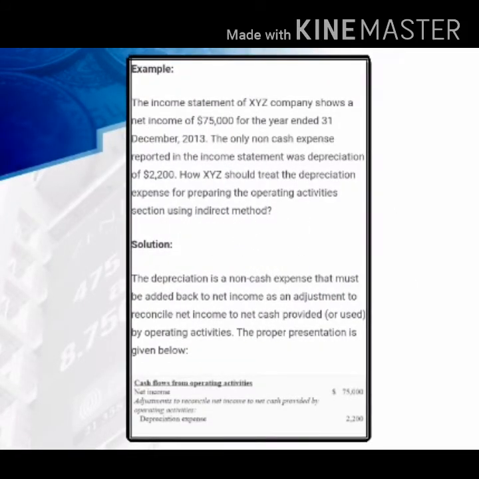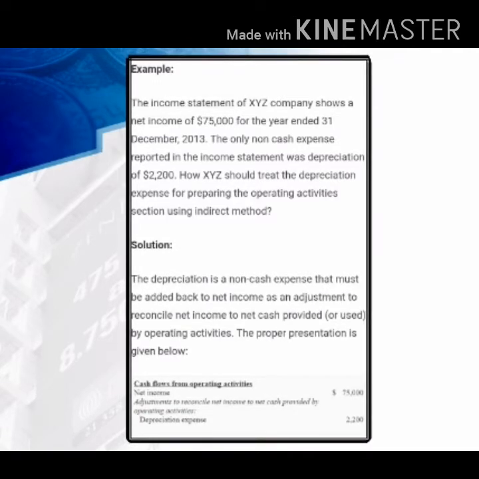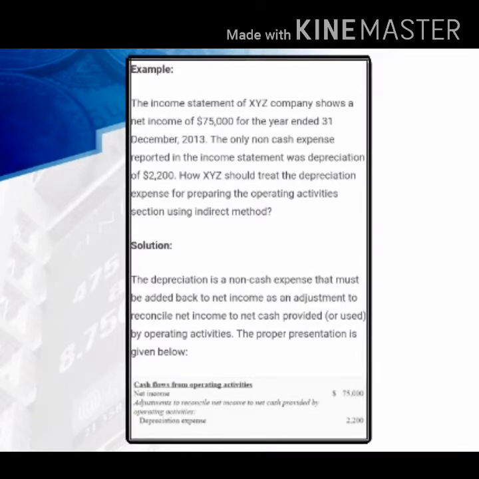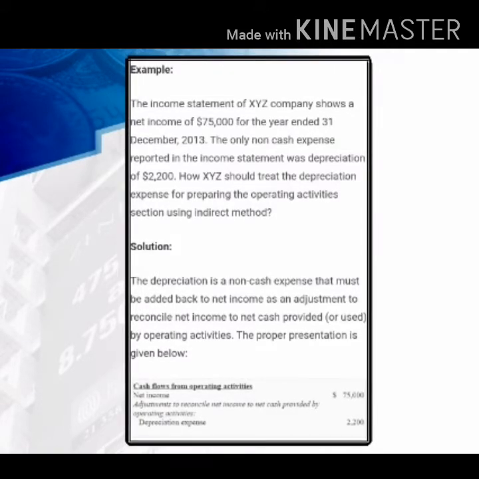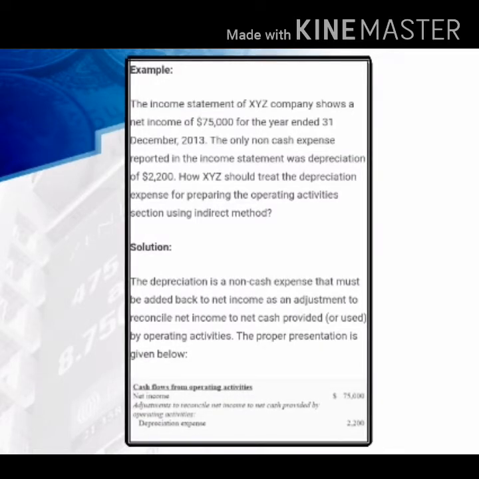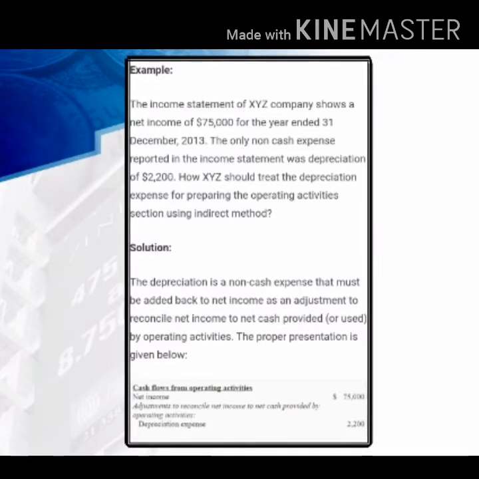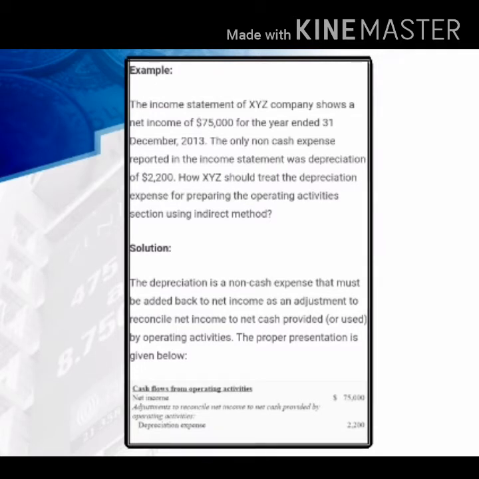So here we have an example of the adjustments for the non-cash expenses. It states that the income statement of XYZ company shows a net income of $75,000 for the year ended 31 December 2013.